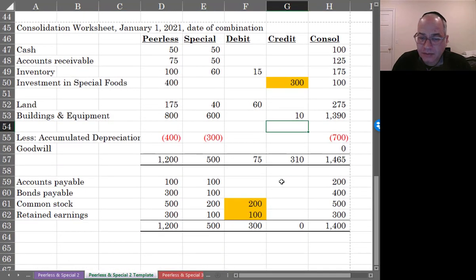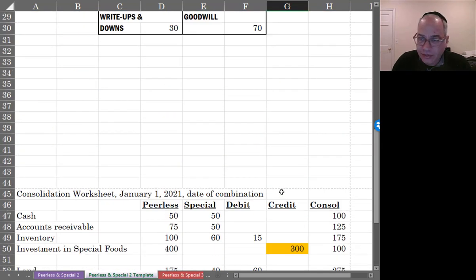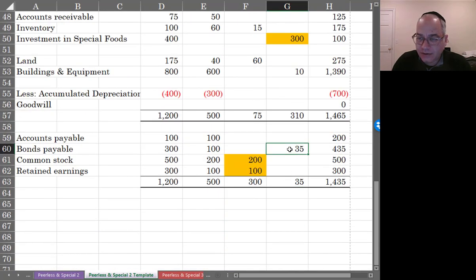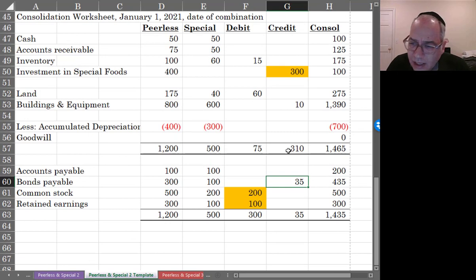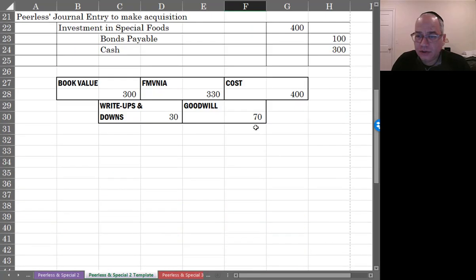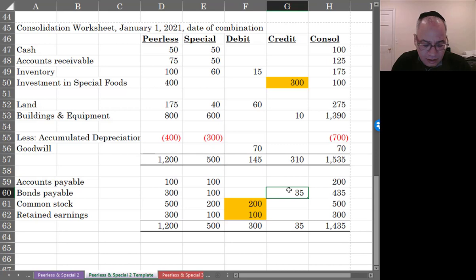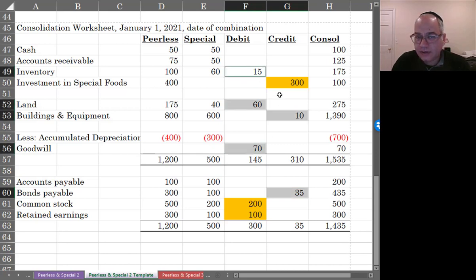And bonds payable should be written up by $35,000. So I'm going to credit bonds payable for $35,000 right there. And the difference between all of these is going to be credited. Oh, one more thing. There's goodwill. So there's a new line item here for goodwill right here. And we said that goodwill should be $70,000. And the final piece of this journal entry, all of these items, is going to be the investment account.